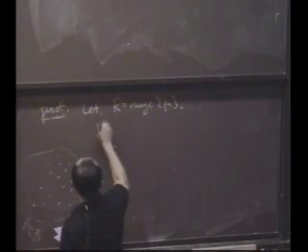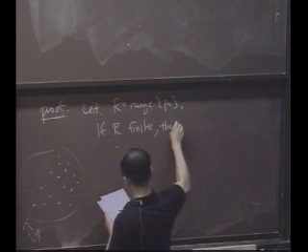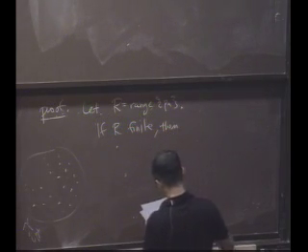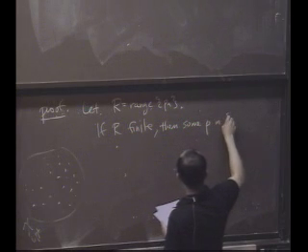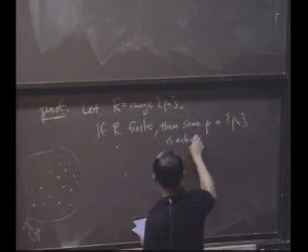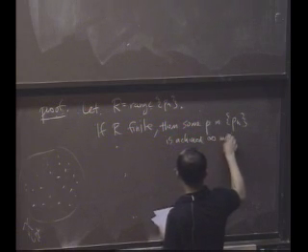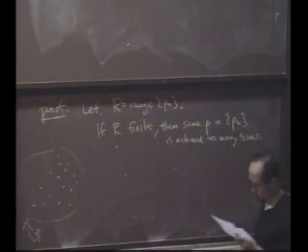Okay, so if R is finite, then some value, some p in p_n is achieved infinitely many times. So you just use that subsequence.